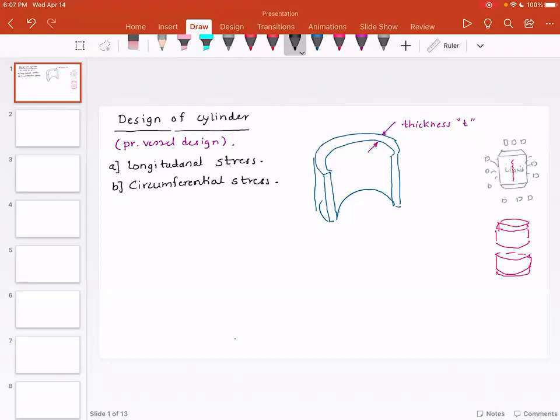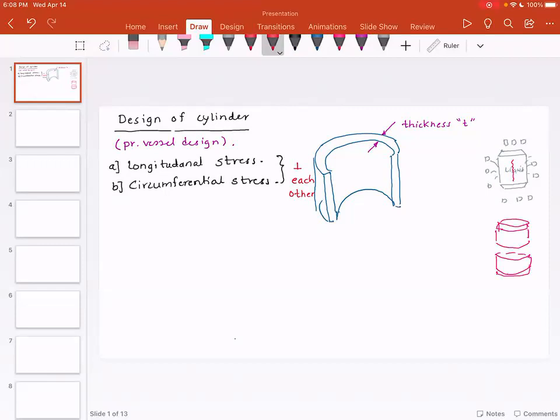So you have these two types of stresses. The one thing that we need to observe, if you look at the way the failure is happening, the way the stresses are acting, is that these two stresses are perpendicular to each other.